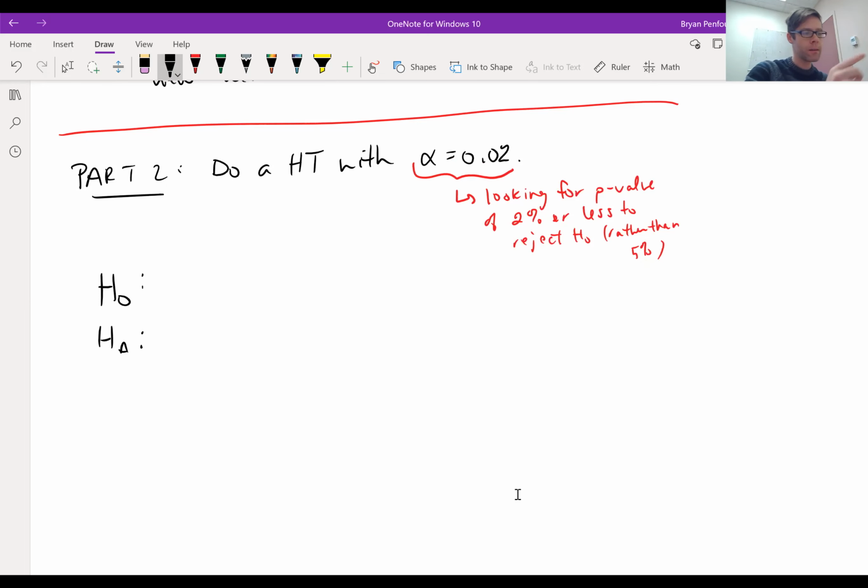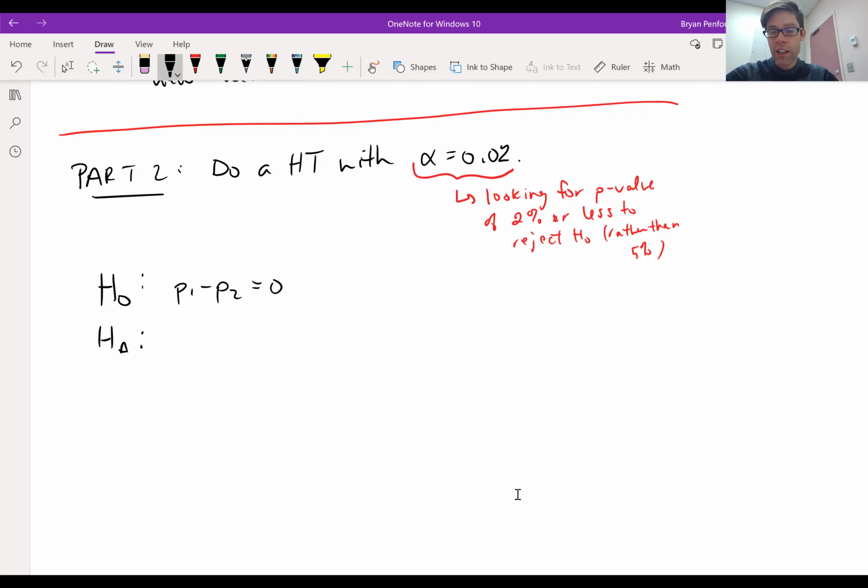Now, for the null hypothesis, we're going to assume essentially that there is no difference between these two groups. So we are going to assume that the difference P1 minus P2 is 0. So this essentially is no change, right? We always assume that there is no difference.